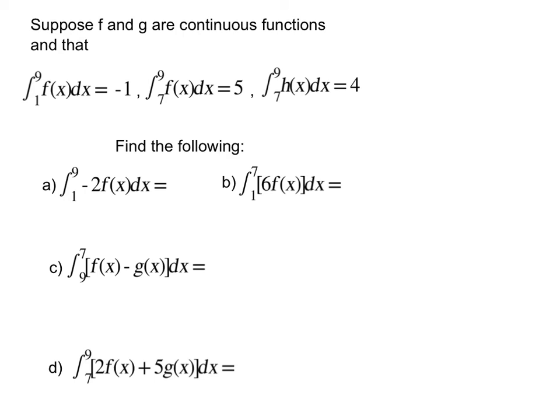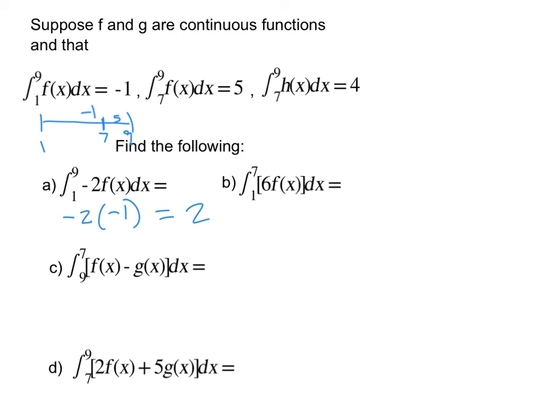All right, last one. Try it on your own. All right, so we have 1 to 9 is -1, and then 7 to 9 right here is 5. And then we have an h. Okay, so 1 to 9, -2 times f of x.